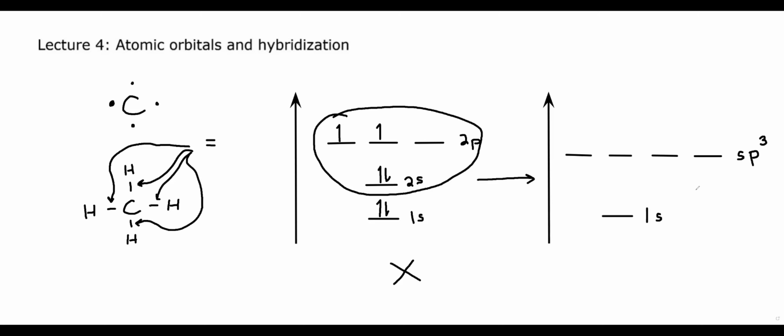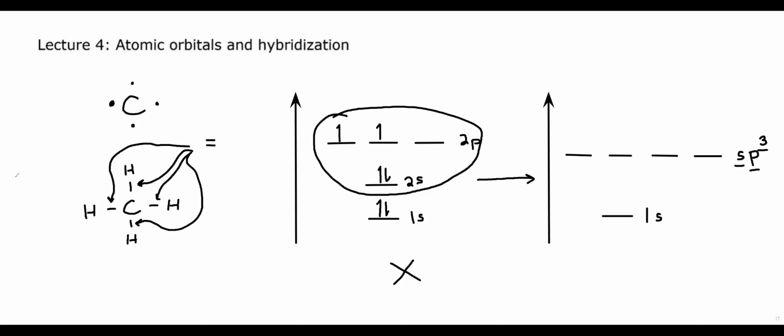So these p orbitals over here on the left, and this s orbital, the 2s and the 2p, these atomic orbitals combined, mixed together to make 4 degenerate orbitals known as sp3 orbitals, because we have 1 s and 3 p's all combining together to make these 4 orbitals.